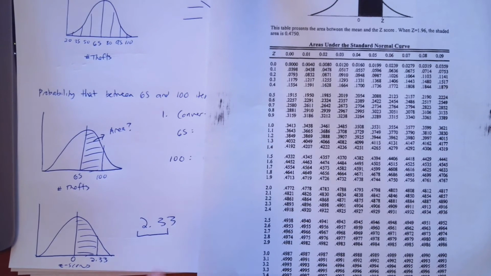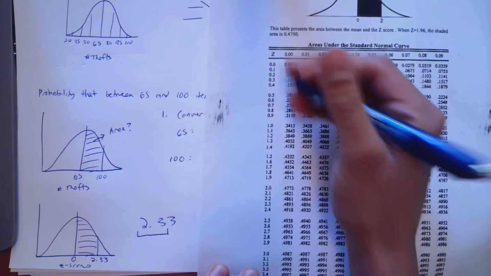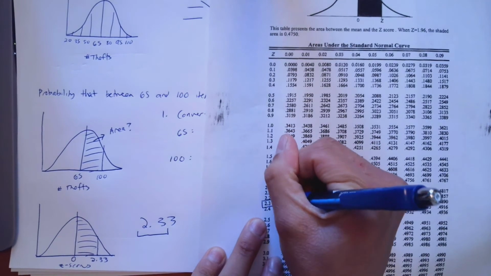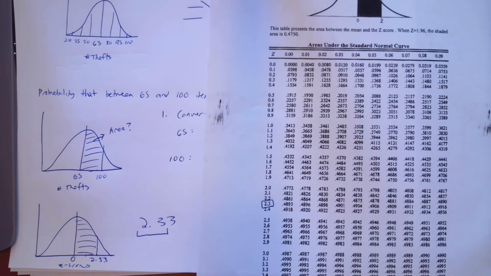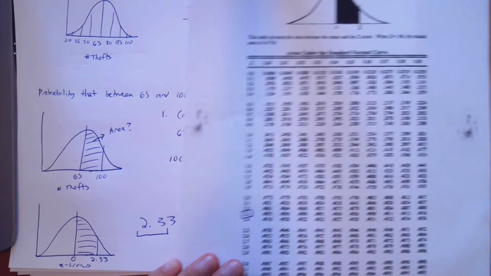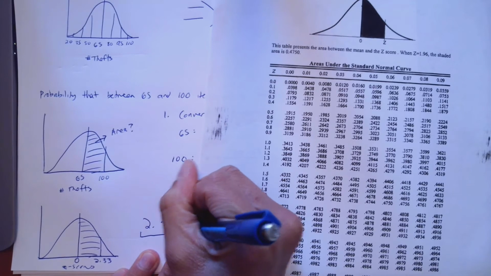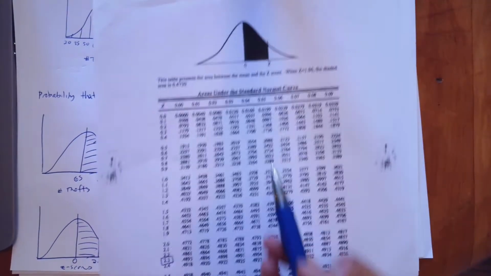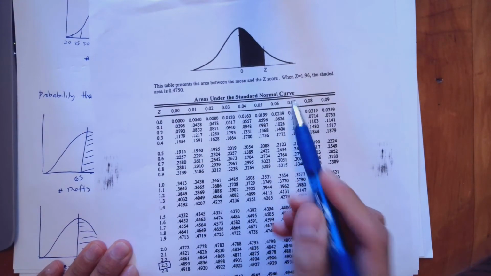Our z-score of interest is 2.33, so we're going to look at the 2, the point, and the 3, and find that right here. So here we've found 2.3 on our z-table. To find the actual area, we're now going to look at the last digit in our z-score, which is a 3, and find it in this row going out here.